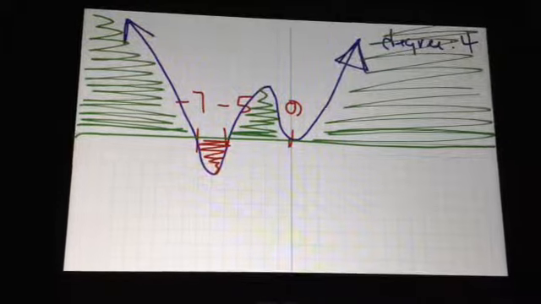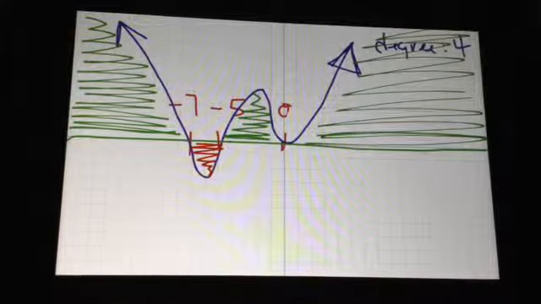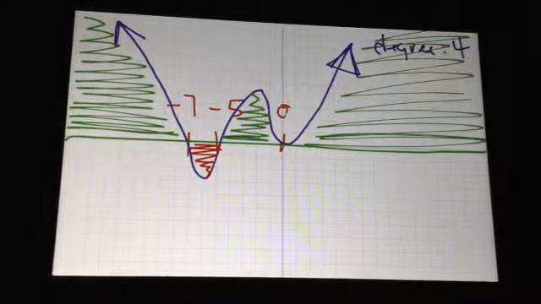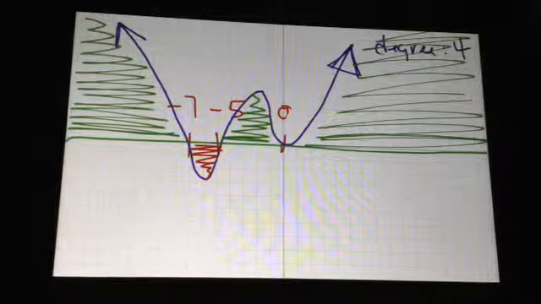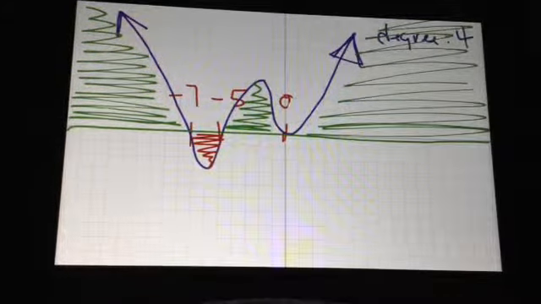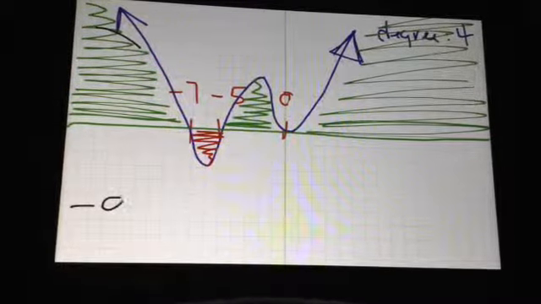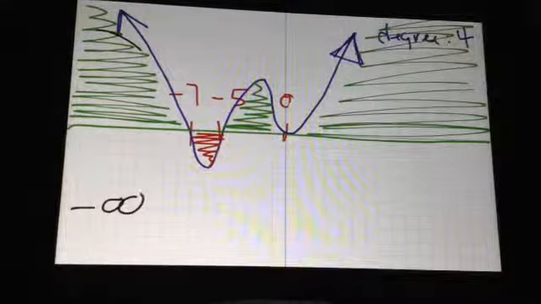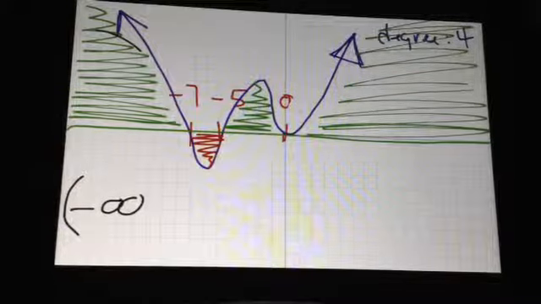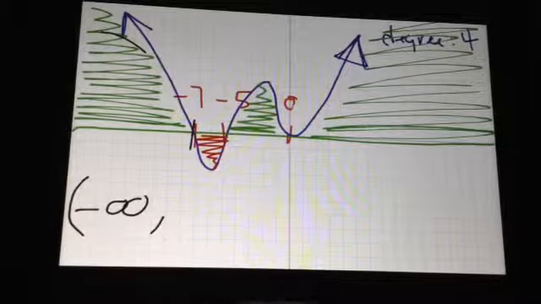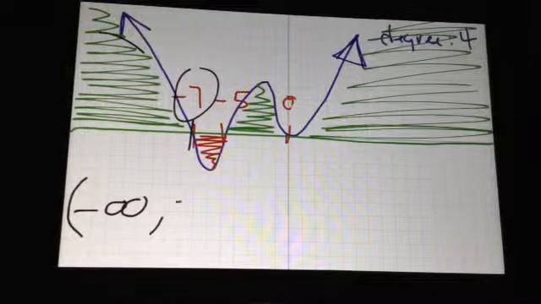So now to write the domain, all we have to do is say where it's positive. So it's positive from all the way over here as far as you can. So we're going to call that negative infinity to right here, which is negative 7.